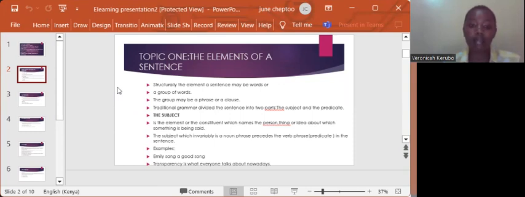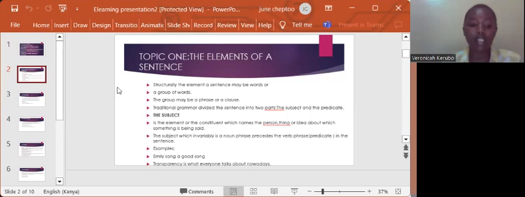Structurally, the element of a sentence may be words or a group of words. The group may be a phrase or a clause. Traditional grammar divided the sentence into two parts, the subject and the predicate. We will start by looking at the subject.